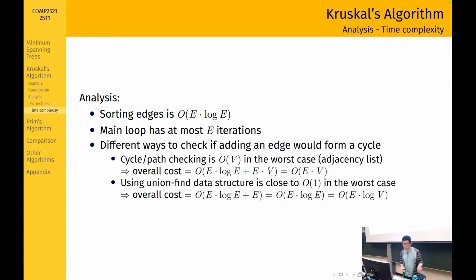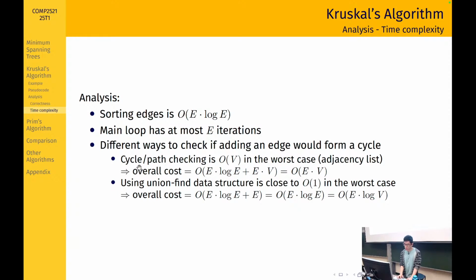And the reason is that our minimum spanning tree will never contain more than V edges, right? Because we keep adding edges to the minimum spanning tree until it has V minus 1 edges, right? So that means the number of edges is actually smaller than V, right? And that means V plus E is less than 2 times V, right? So O of V plus E simplifies to big O of V here.